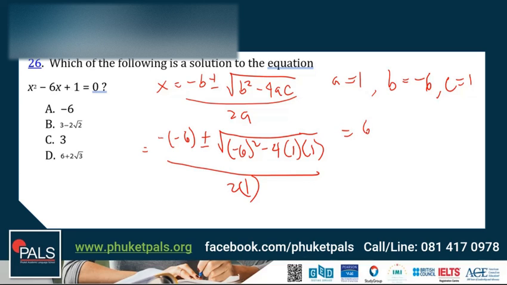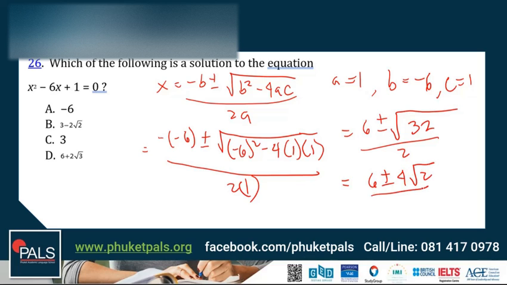We've got 6 plus or minus the square root of 32 over 2. And then simplify further. We've got 6 plus or minus 4 square root of 2 over 2. Then we've got 3 plus or minus 2 square root of 2. So from the choices, the answer is letter B.